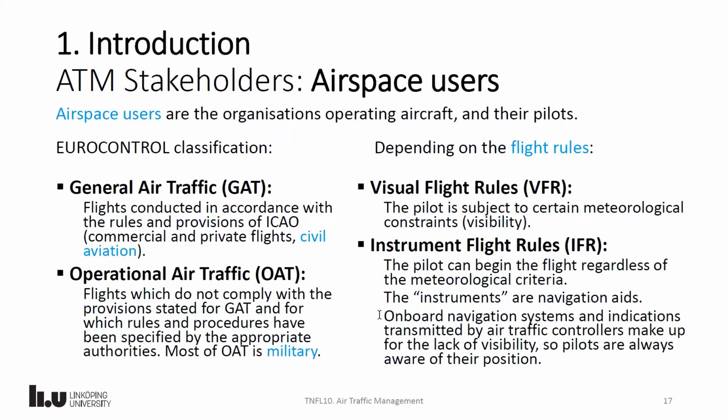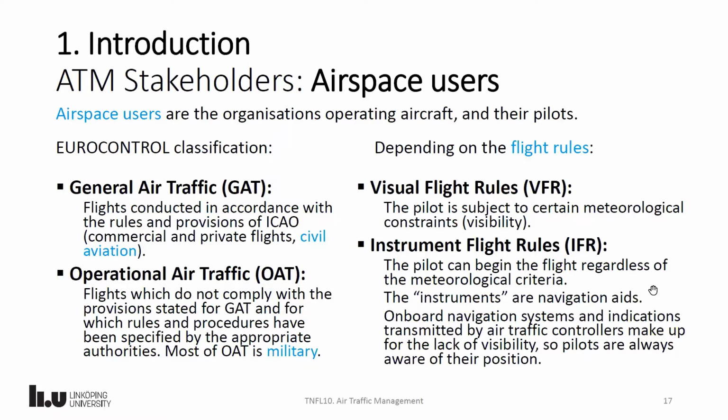And the second type of flight rules is instrument flight rules, and the instrument part means navigation aids. And with this kind of rules, you can fly without having any visuals. That means that you can find your location using just instruments.